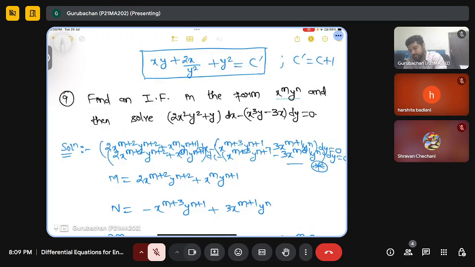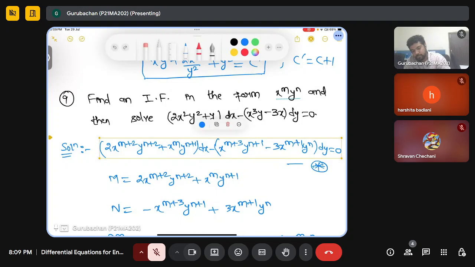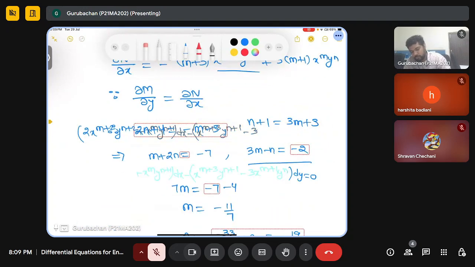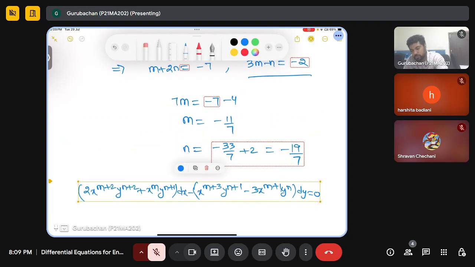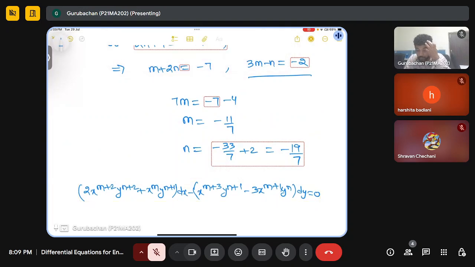What will it give? Since our value of m is minus 11 by 7, minus 11 by 7 plus 2 will be 3 by 7. So this will be 3 by 7.